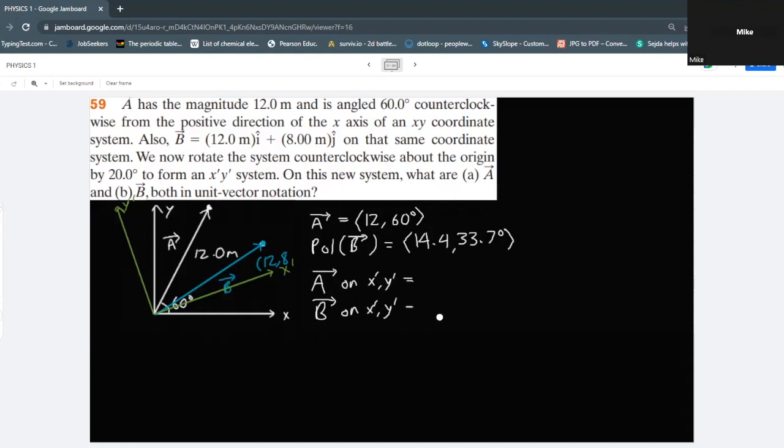You know, there's a function on the calculator to turn rectangular into polar and polar to rectangular.